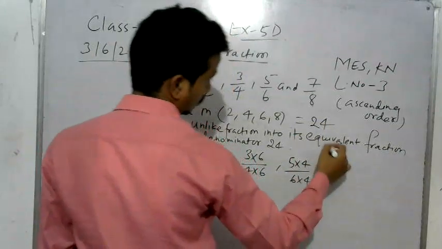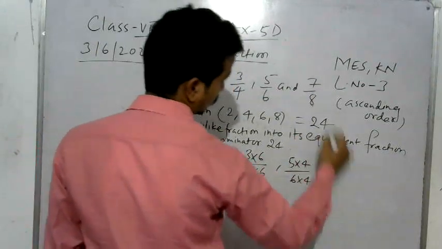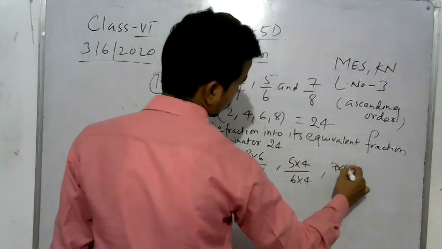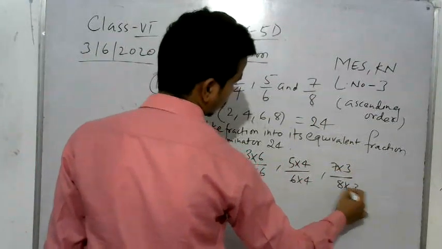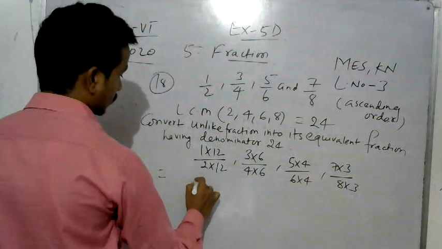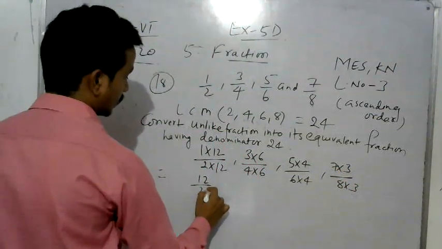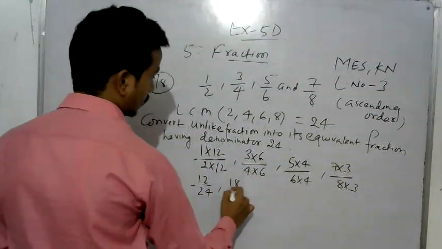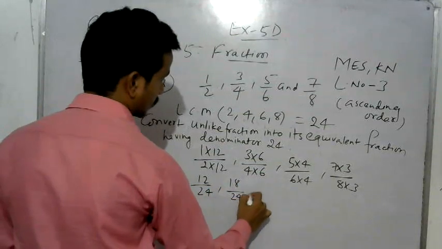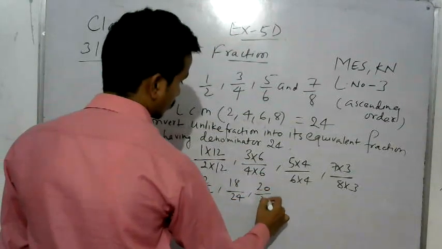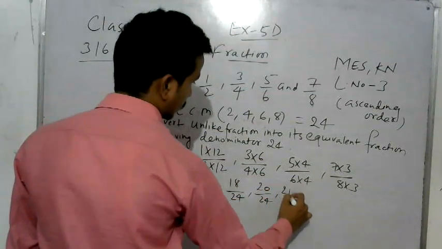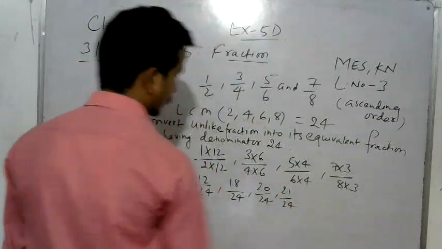So to make the equivalent fraction we multiply both numerator and denominator by 3: 7 into 3 divided by 8 into 3. So we get the like fractions 12 by 24, 18 by 24, 20 by 24 and 21 by 24.